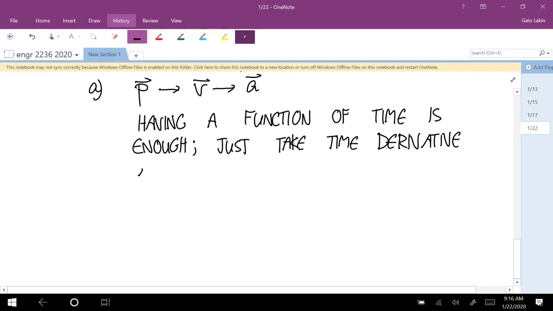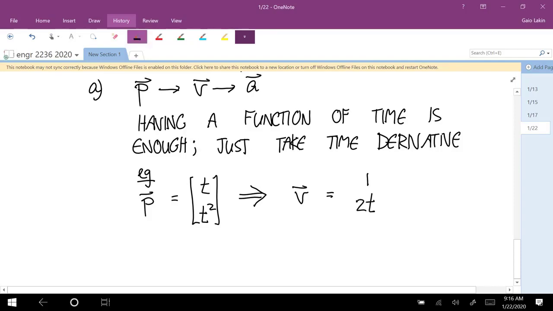So for example, if the position vector is t squared, then that means that the velocity vector is just the time derivatives of those components. So it's 1, 2t. And that's velocity as a function of time.